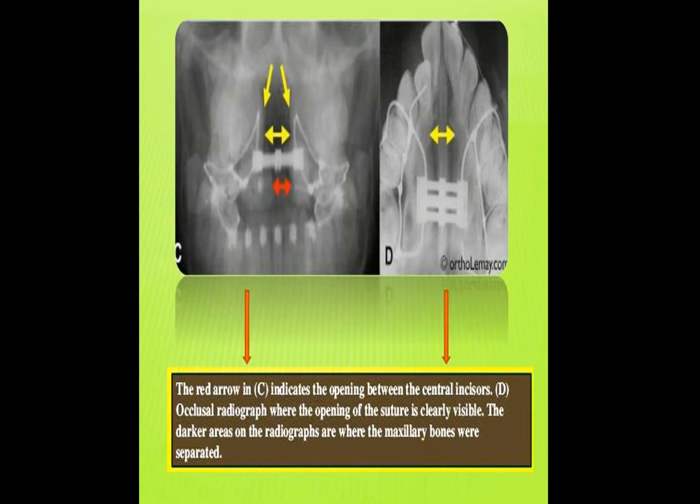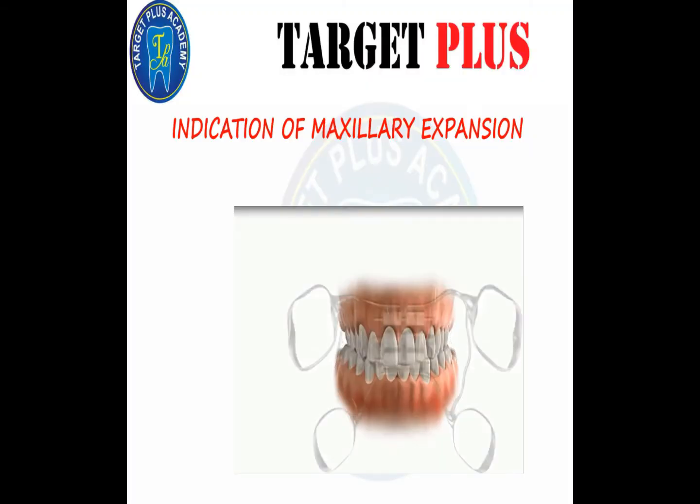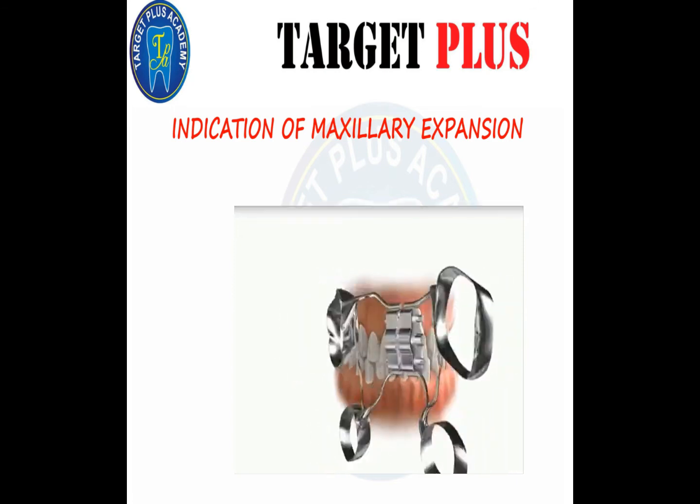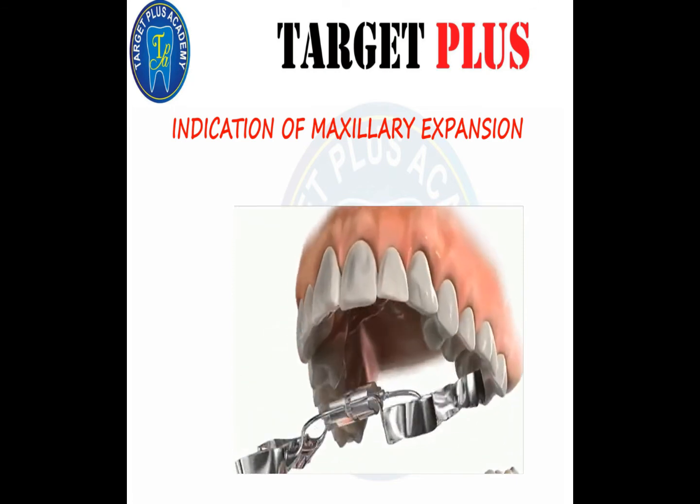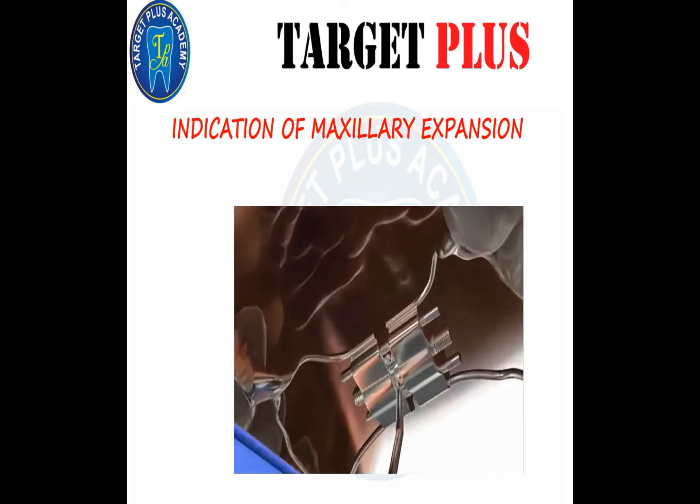Now, the first step, the clinician should ascertain that the mid-palatal suture is not ossified by using appropriate diagnostic aids. Now the indications of rapid maxillary expansion. Why do you need rapid maxillary expansion?